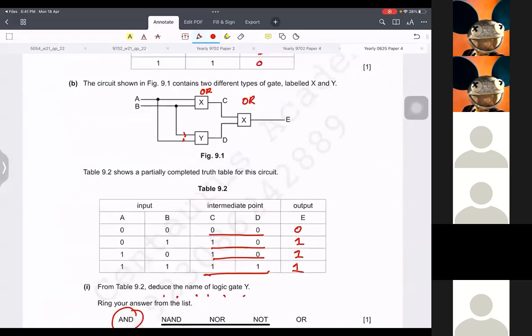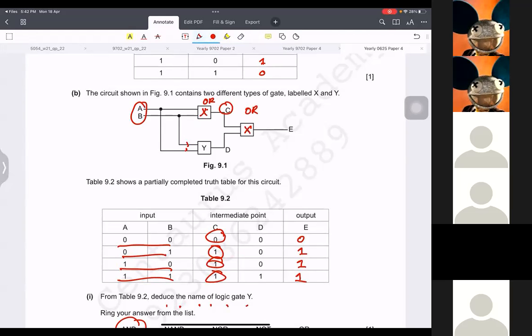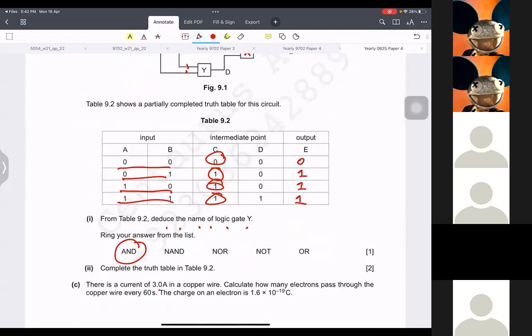Because, check AB for C: 0 0 0, 0 1 1, 1 0 1, 1 1 1. So when AB is 0 0, it gives C 0. When it is 0 1, it is 1. When it is 1 0, 1 1, it is 1. So it has to be OR. If this is X, this is also X, so this is also OR. Right?